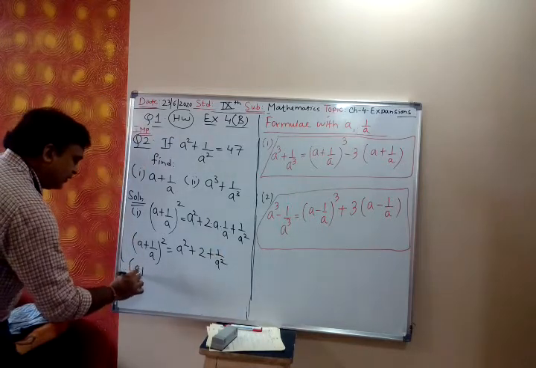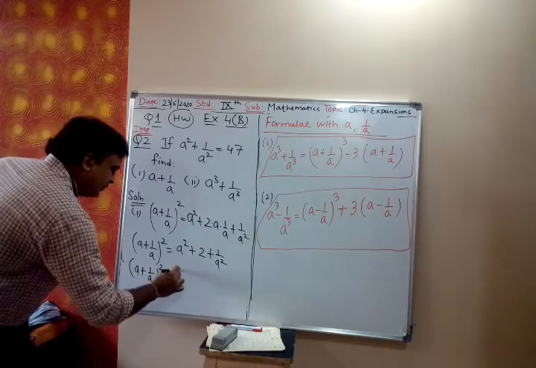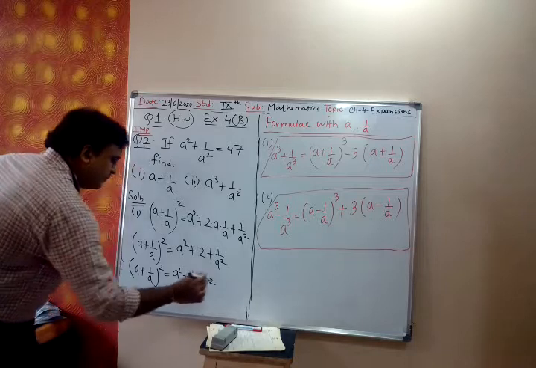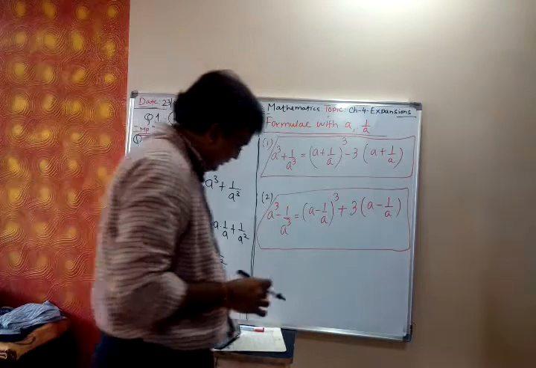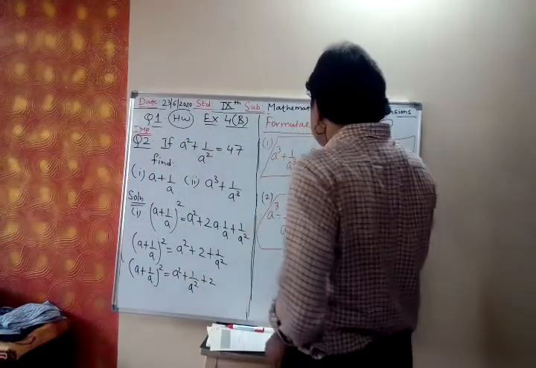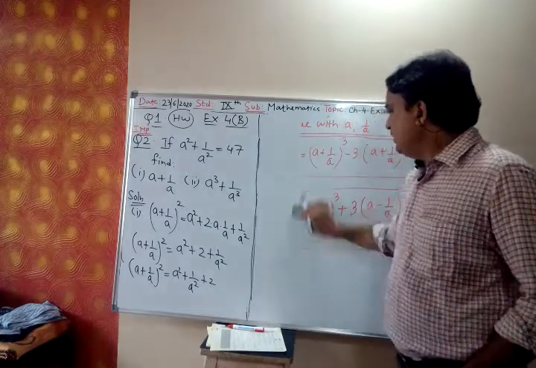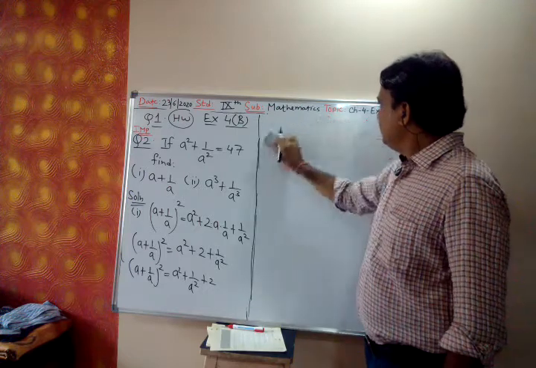So a plus 1 upon a whole square is a square plus 1 upon a square, I will take together, plus 2. But this value is known to us, which is 47.